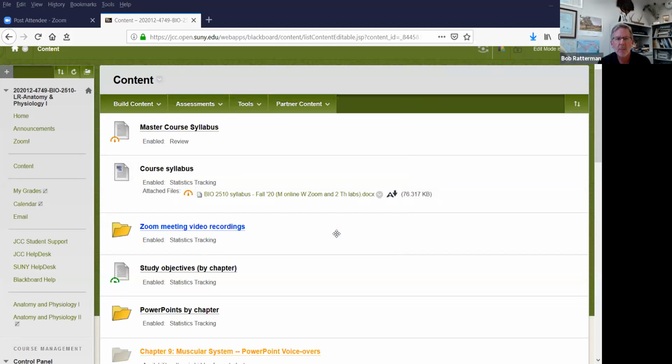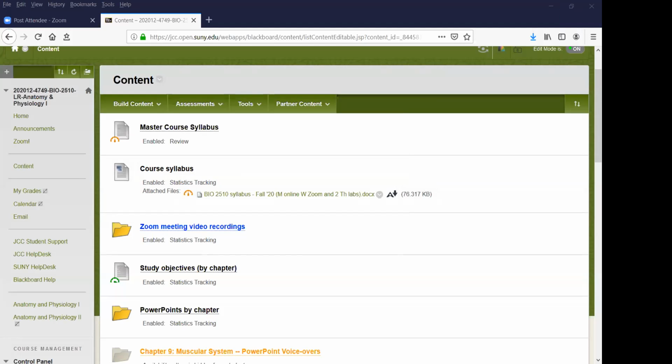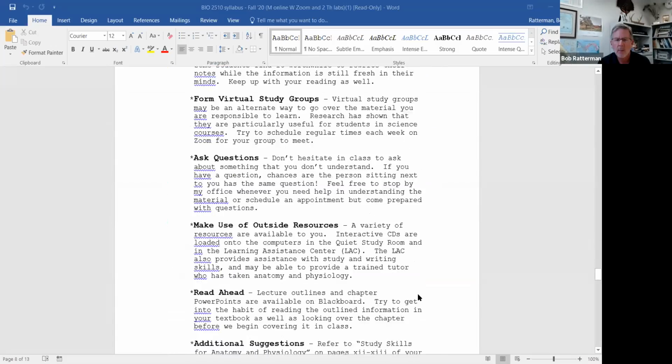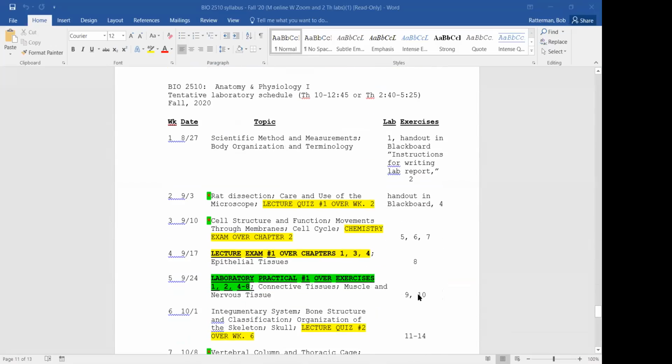Everybody see this getting pulled up? We can see Blackboard, but not the actual document. Now? We're good now. Yes. Okay.